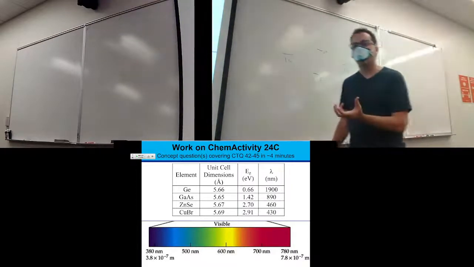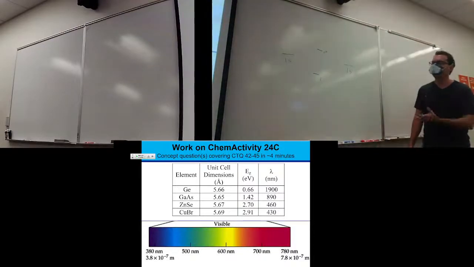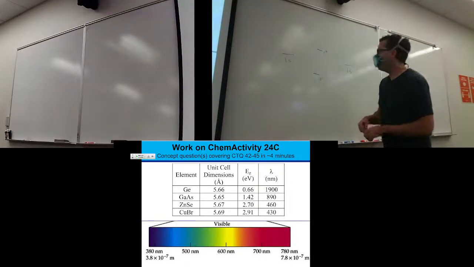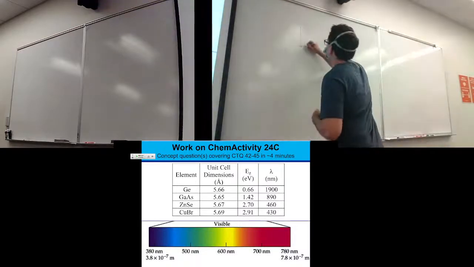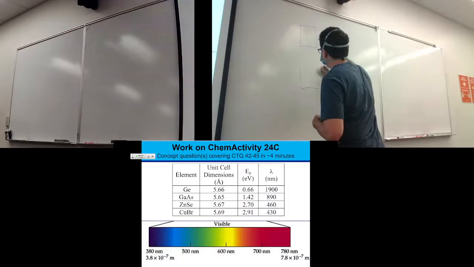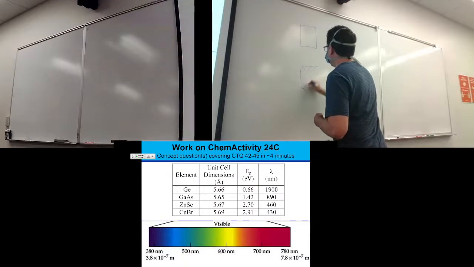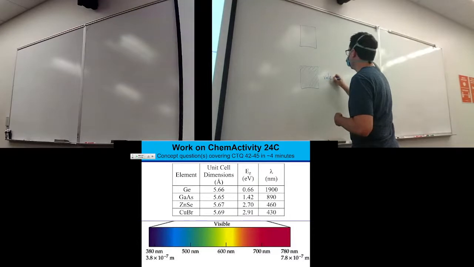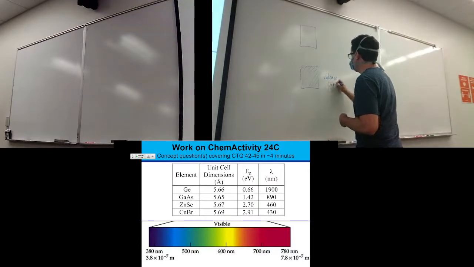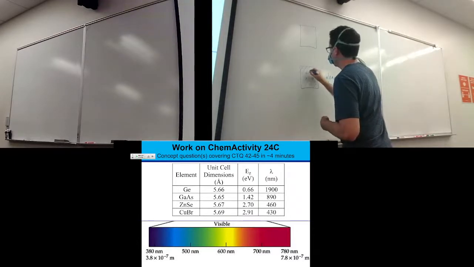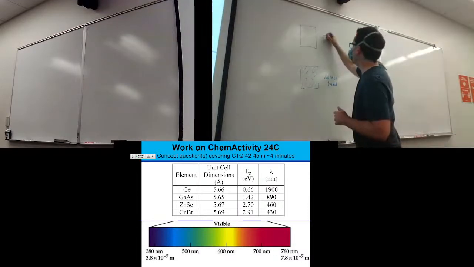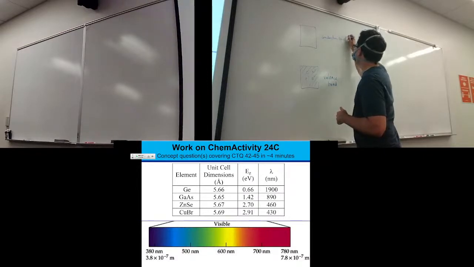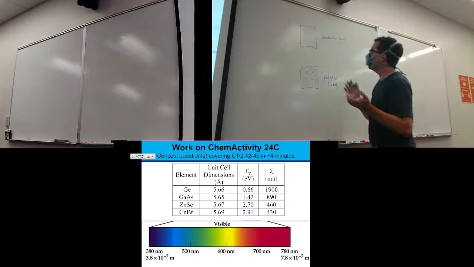But one of the things we like to make out of semiconductors are LEDs, because we take advantage of the idea that if I have a material that has this band gap between the valence band, which is full of electrons, and this, which is the conduction band, which is empty, and there's no electrons in it.